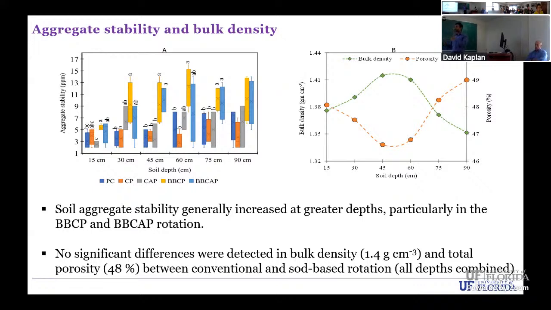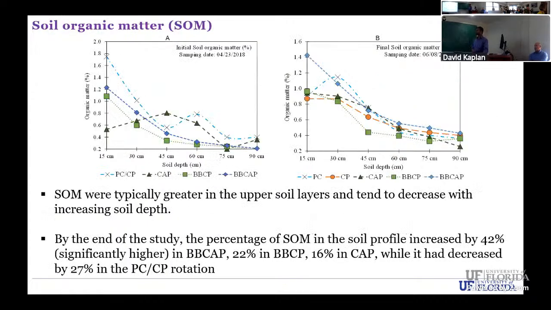Among different rotations, we see if we introduce bahiagrass, there is some improvement in soil structure as well, especially in the top 45 centimeters. There is no difference in the bulk density, irrespective of the management practices among different soil types. Soil organic matter, again, we saw differences from the initial, this is 2018, this is 2022. We saw some improvement in bahiagrass, but that improvement is not that significant over the years.